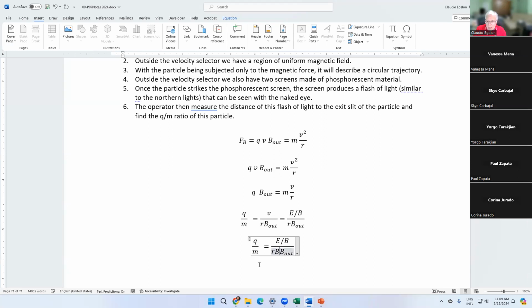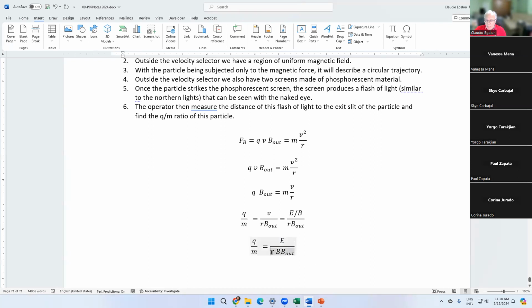Just by measuring the radius of curvature of our particle. See here? This one we can measure. This one we adjust, this one we can also adjust, and this one we can also adjust.